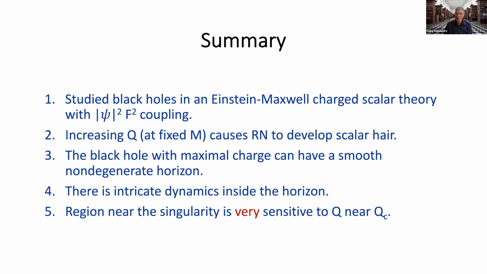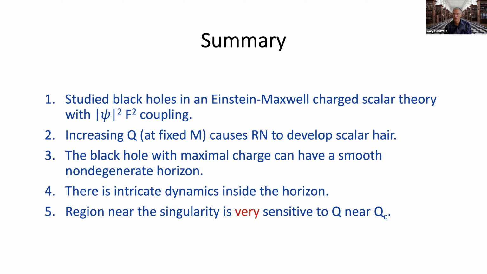Well, okay, I'm giving you my impression. We haven't studied perturbations of this, but based on other examples we have of black holes that develop scalar hair, I certainly expect that, first of all, the instability starts for the non-extreme case. So you were making an analogy with the extremal Reissner-Nordström instability.